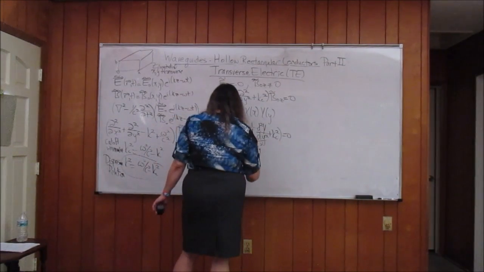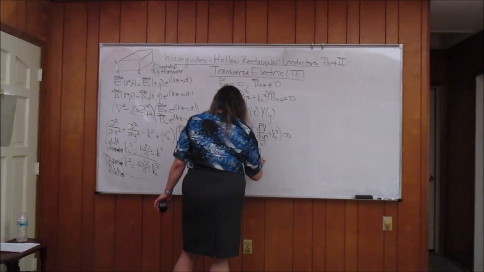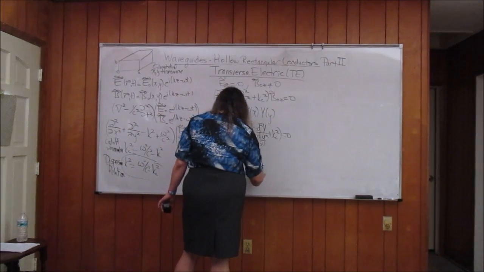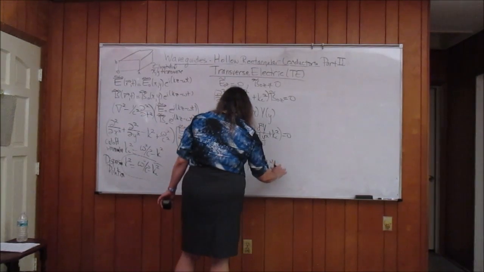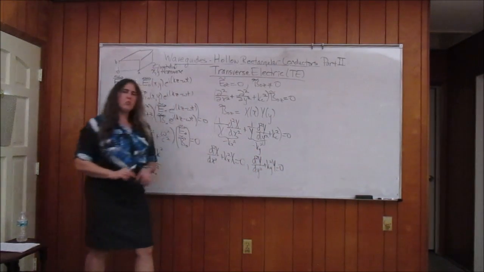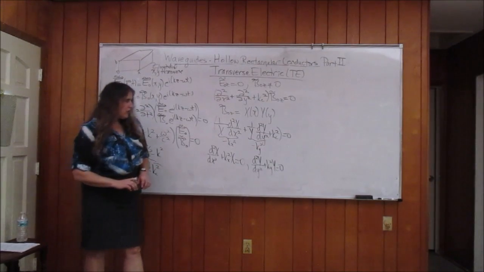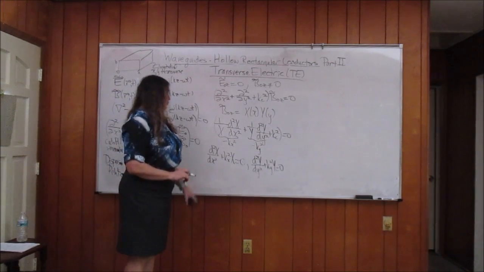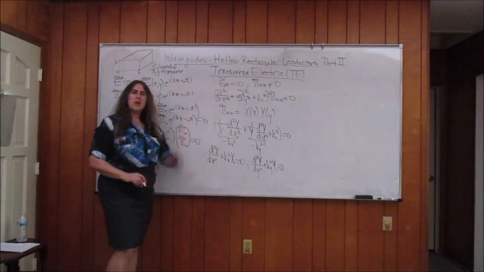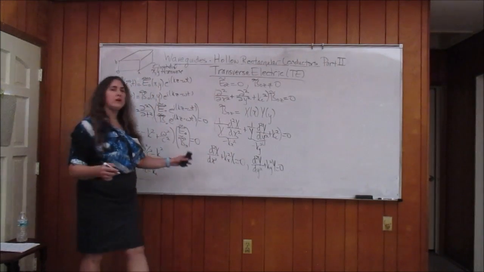Second term gives me second derivative of the function y with respect to y plus ky squared times the function y is equal to 0. So right away, what are the solutions to these? Well, cosine and sine.